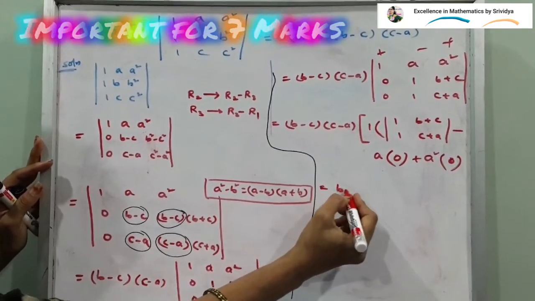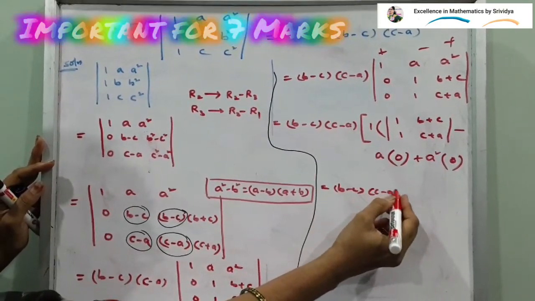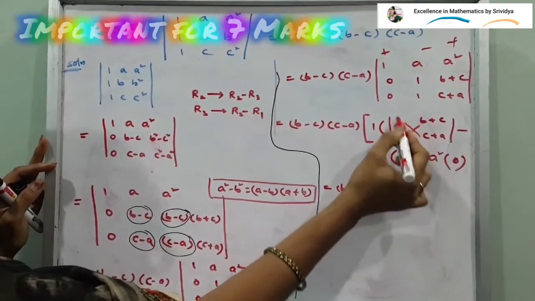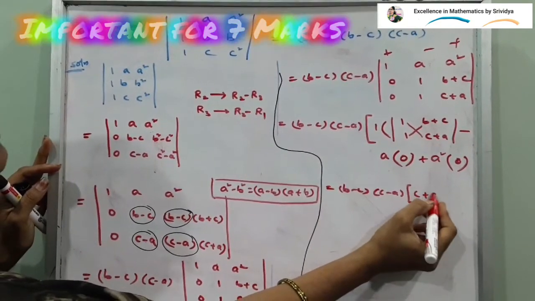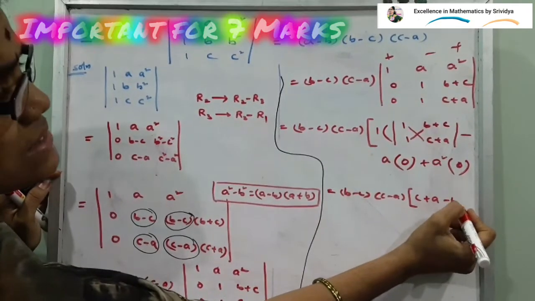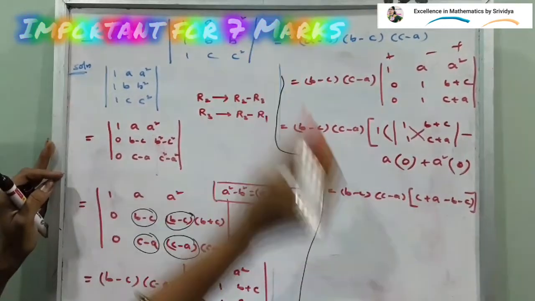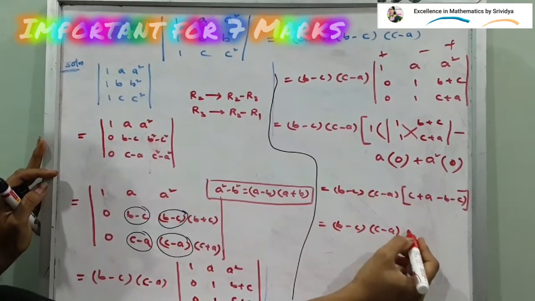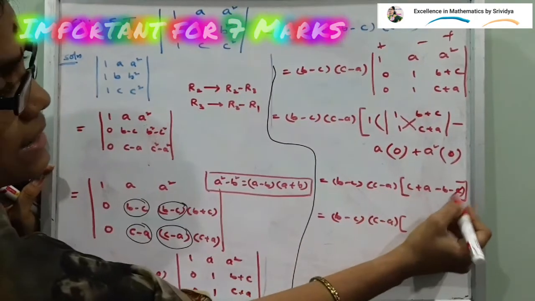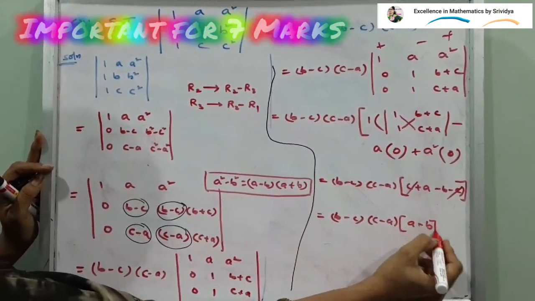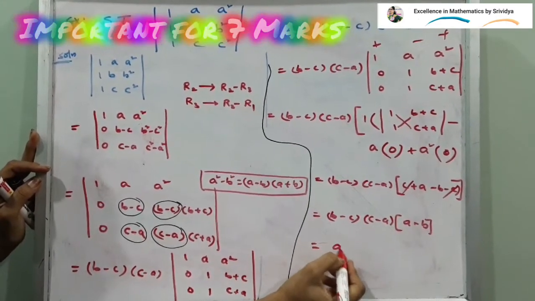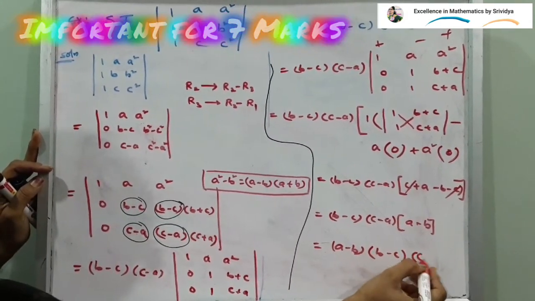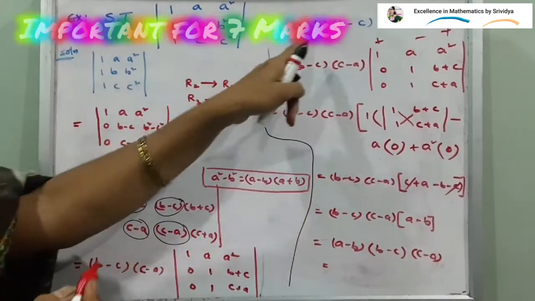So this equals (b − c)(c − a) times 1 into the determinant ad − bc, that is (c + a) − (b + c), which becomes a − b, since c and −c cancel. Taking it in order, we get (a − b)(b − c)(c − a), which is the RHS.